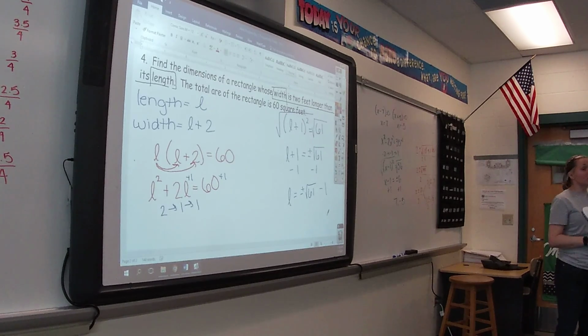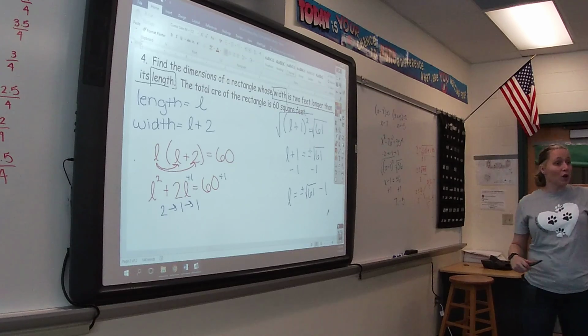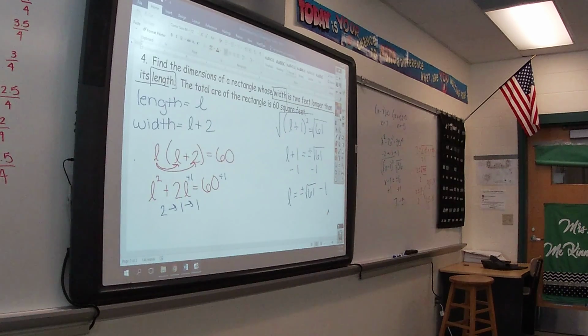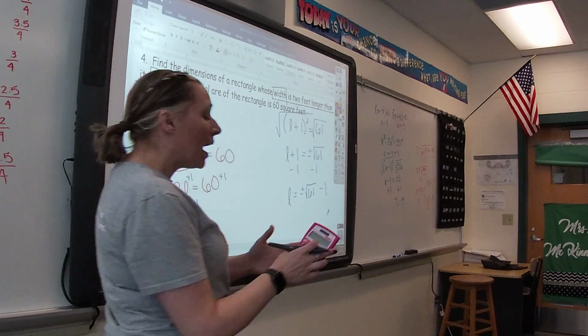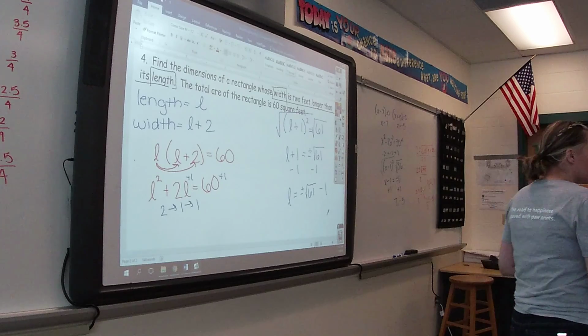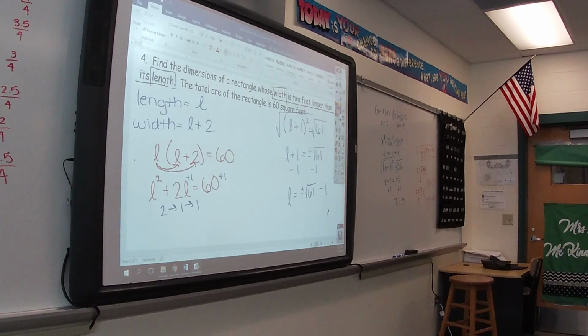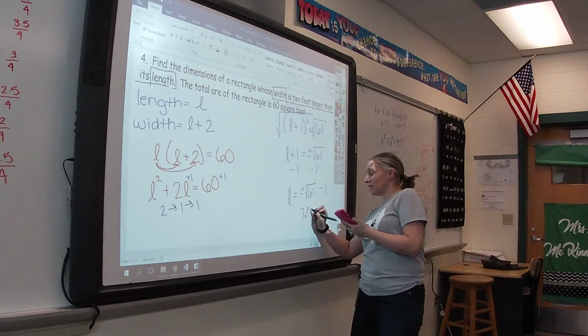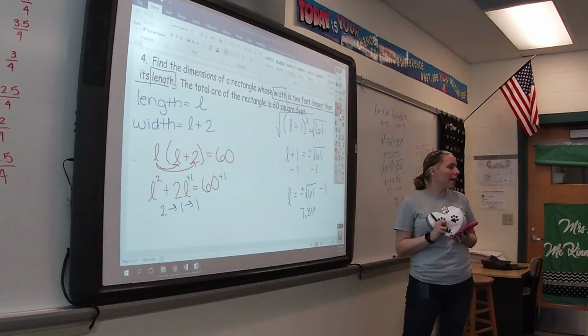Very similar to when we were doing story problems first trimester, right? If we got a fraction and we were talking about money, even if it was a repeating decimal, we had to round it and approximate because that's how we talk about money. Okay, so that means you're now going to have to pick up your calculator and take the square root of 61. And this is approximately 7.81.